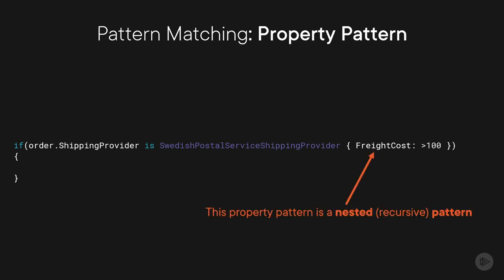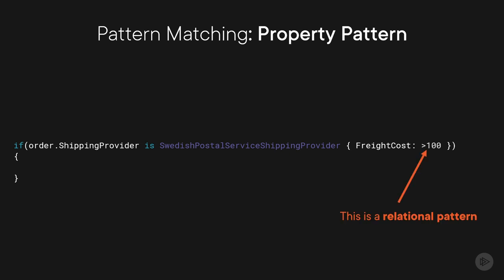What we've expressed here is in fact a recursive pattern. First, it checks the type. Second, it accesses a property to verify a value. Third, it uses something known as a relational pattern that lets you check, for example, if the value is greater than your constant. I know there's quite a bit going on here, and we'll look at each piece individually throughout the rest of this module.